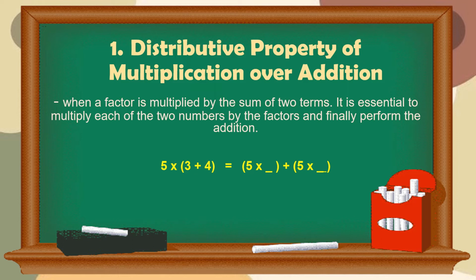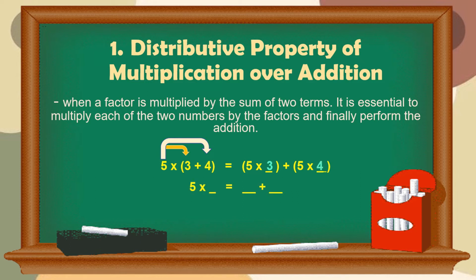The factor, which is 5, multiplies to the sum of 3 and 4. According to the distributive property, the factor should be multiplied to the addends. So, it will be 5 times 3 plus 5 times 4.